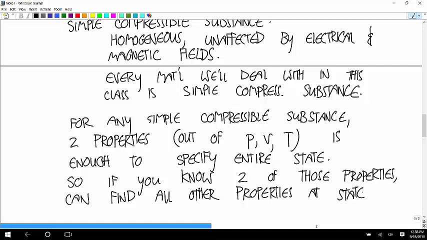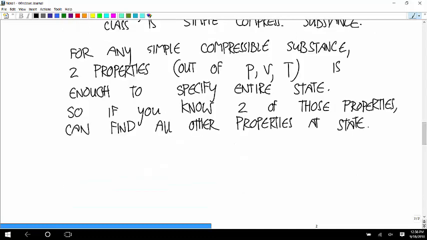Okay, and what are those properties? So, for example, if you know all these, you can calculate lowercase u. That's the specific internal energy. That's a property.